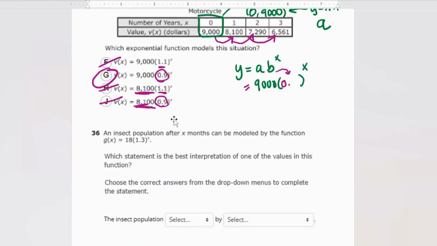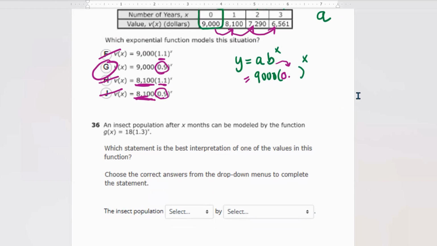Next question. An insect population after x months can be modeled by the function g of x equals 18 times 1.3 raised to x. Looking at this 1.3, this means it is increasing, or what we call growth. Which statement is the best interpretation of one of the values in this function?